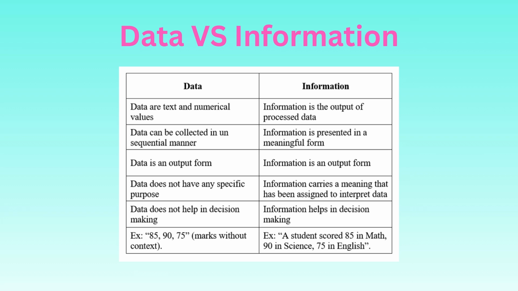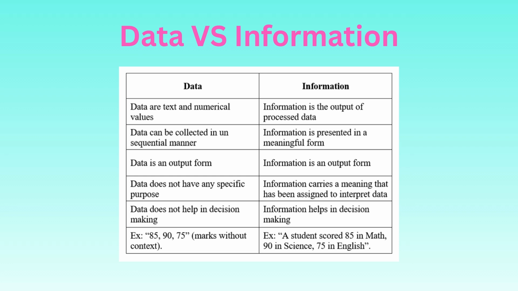Next, data can be collected in an unsequential manner. This means that data can be collected in any manner. If you take the example given under information, you can check here: a student scored 85 marks in math, 90 in science, and 75 in English. That is a complete sentence, a complete phrase of information.